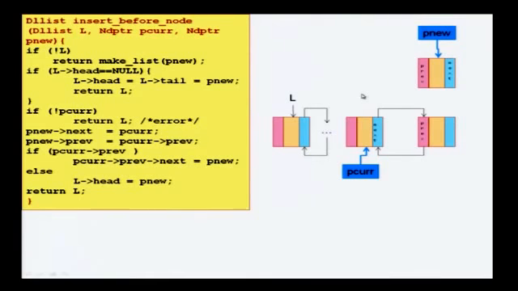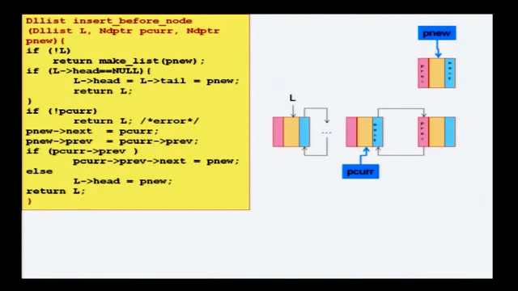So, the new node's next will be P current, and P current's previous will go to P new. Similarly, the previous node, the node before P current, has to point to P new. So, P current's previous, that node's next will point to P new, okay, and then you return the new list.